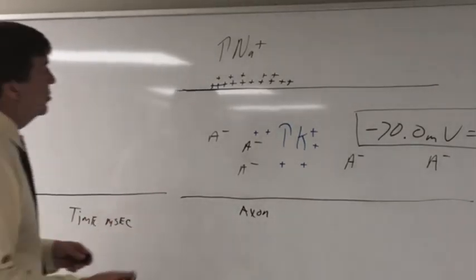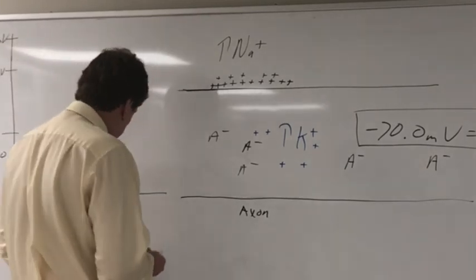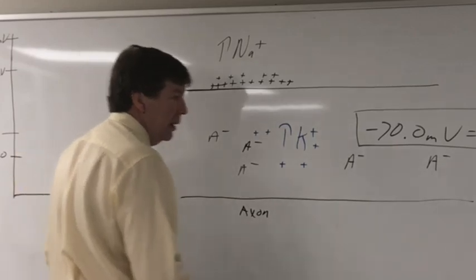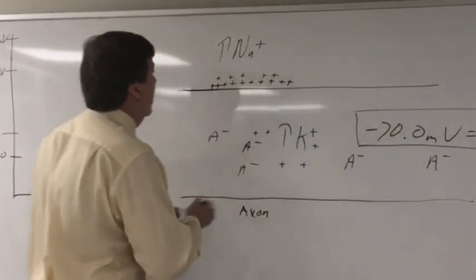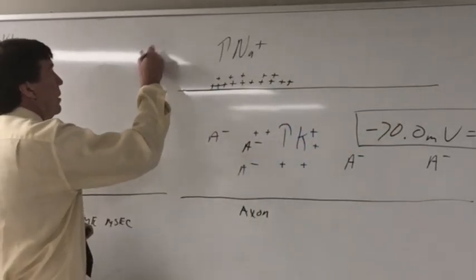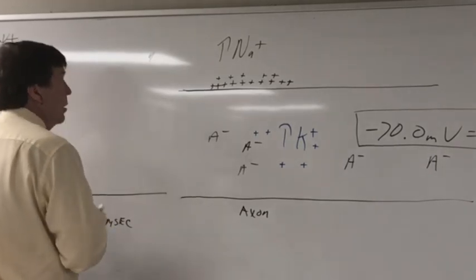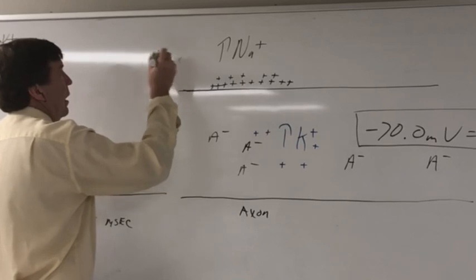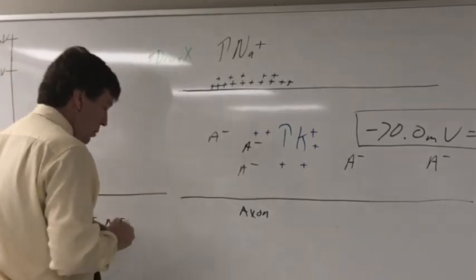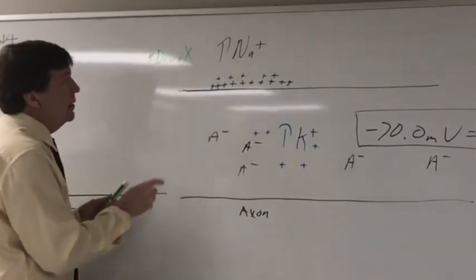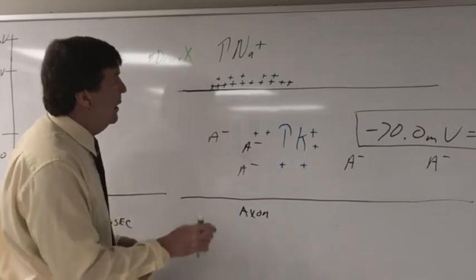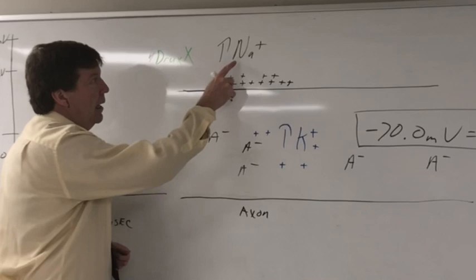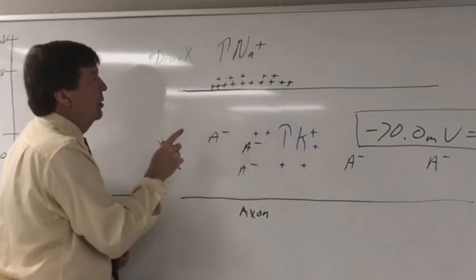I'm back. So here's our drug X. Let's say that this drug here, in a different color, we'll just call it drug X. Drug X is going to increase the permeability of this membrane to the sodium ions.